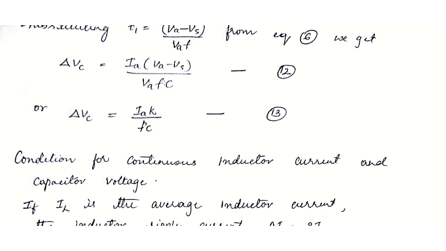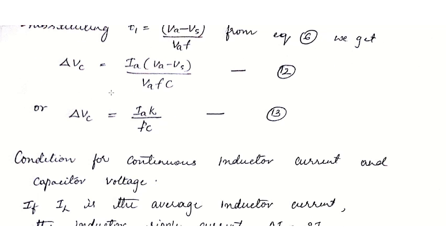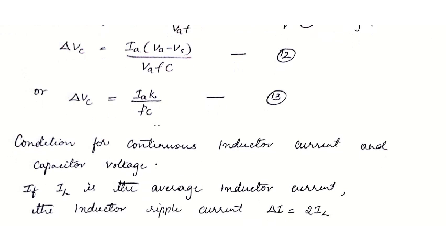Now substituting T1 is equal to VA minus VS by VA into F from equation 6, substituting T1 there, you will have delta VC is equal to IA into (VA minus VS by VAF) by C. Or you can also write it as delta VC is equal to IA into K divided by FC.